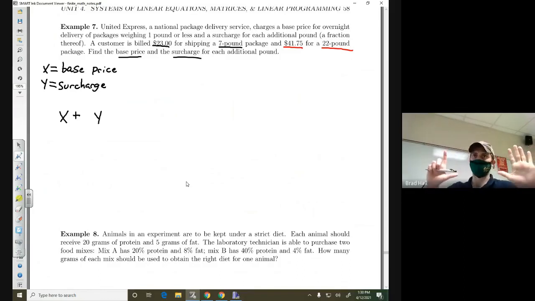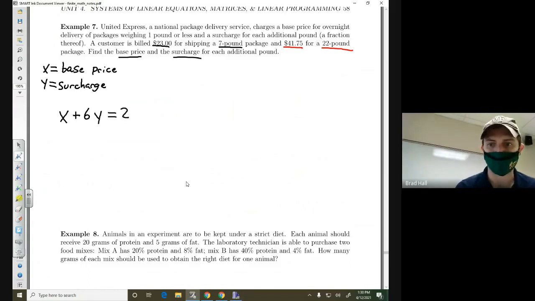Now, if there's 7 pounds in total, every pound after the first one, 6 pounds left over. So for each pound afterwards, you will have to pay the surcharge, and that will construct the bill. So no matter what, the base price is the price you will have to pay to just use the service. So you're always adding that, x. The surcharge is for each additional pound.